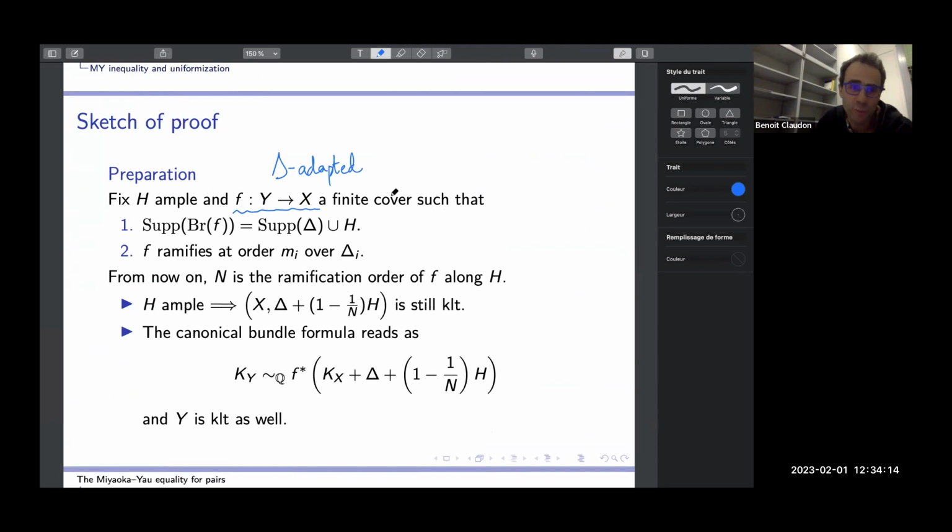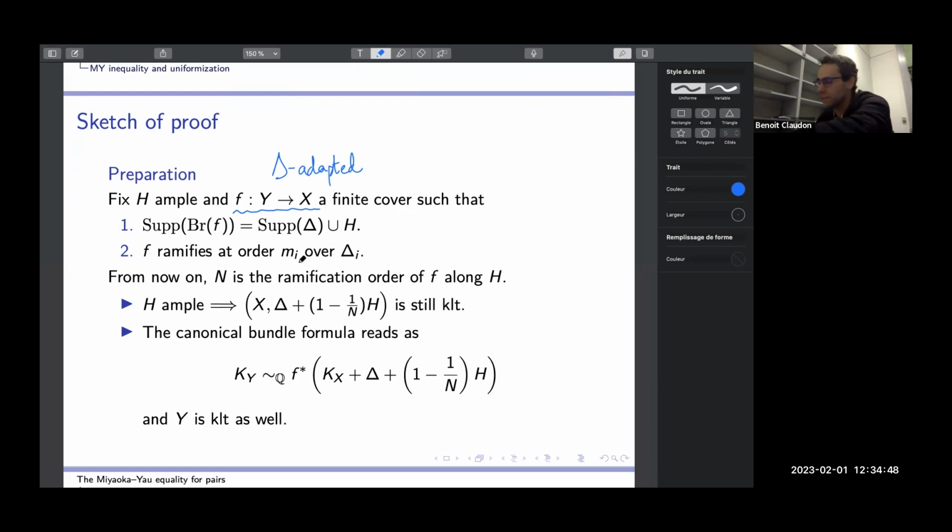It has the property that the branching locus of F is supported on delta, and you also have to add some extra branching. You can assume that this extra branching is supported on an ample divisor. And it has the property that it ramifies at order m_i over delta_i.